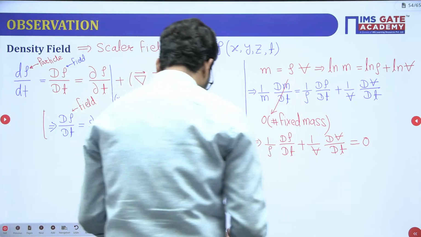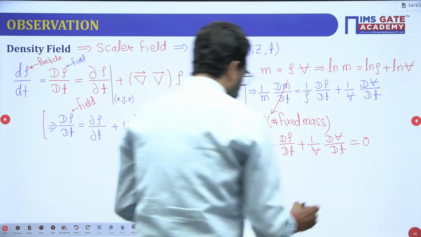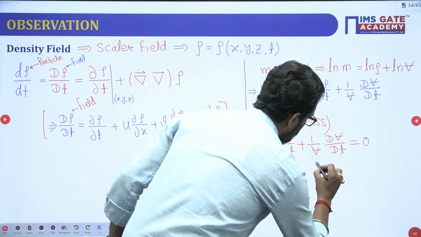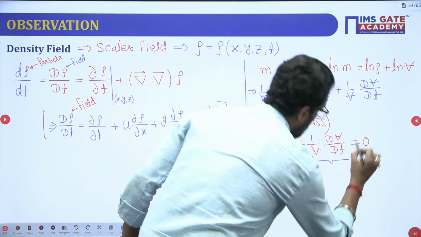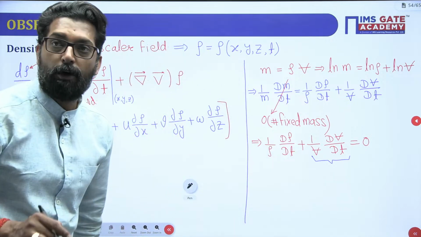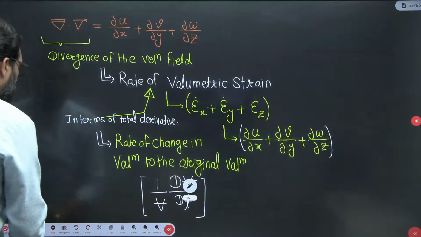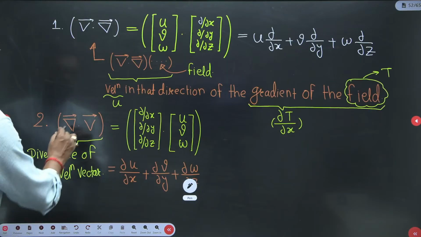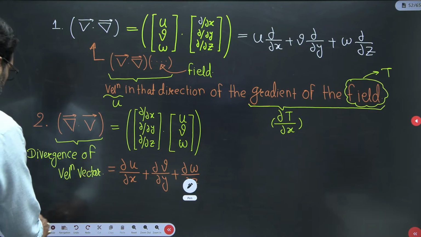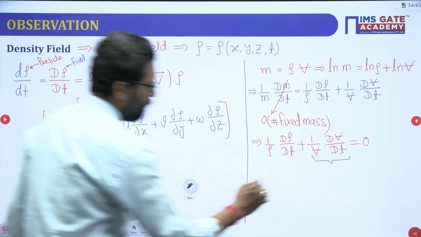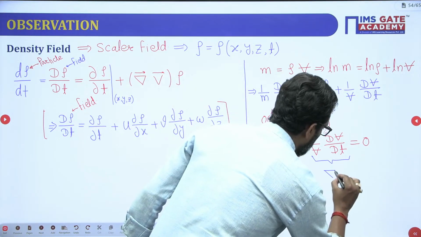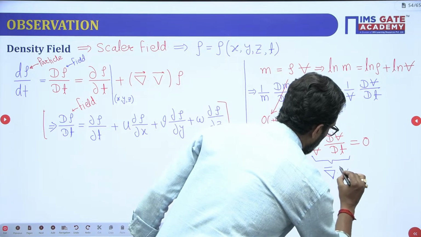Now, this is the rate of volumetric strain, and what is the rate of volumetric strain? Del dot V, the divergence of a velocity vector.